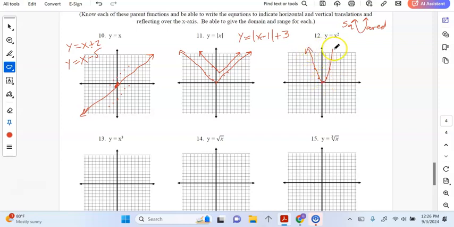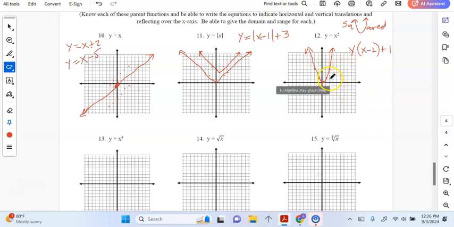All right, there's the parent. And let's do a translated parent. So Harper, how did I translate the parent here? When you say +2, right 2, right?